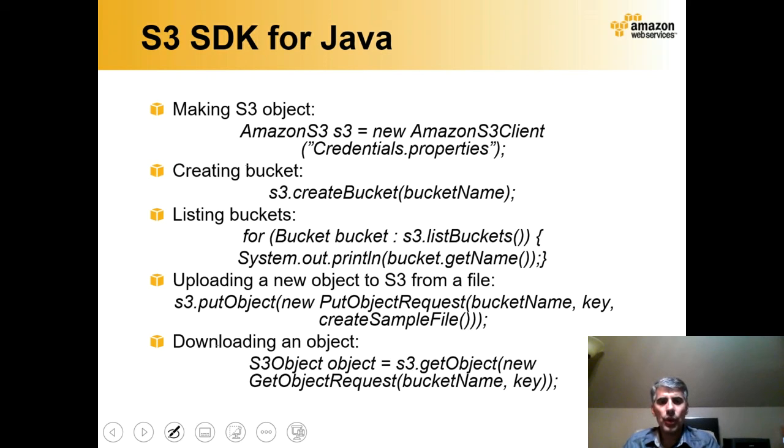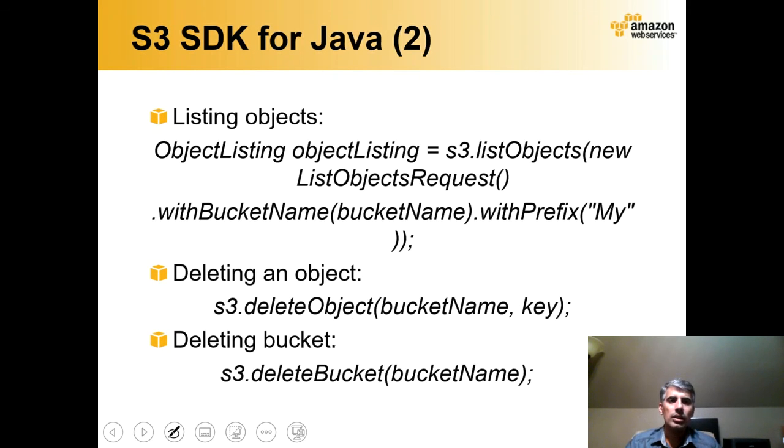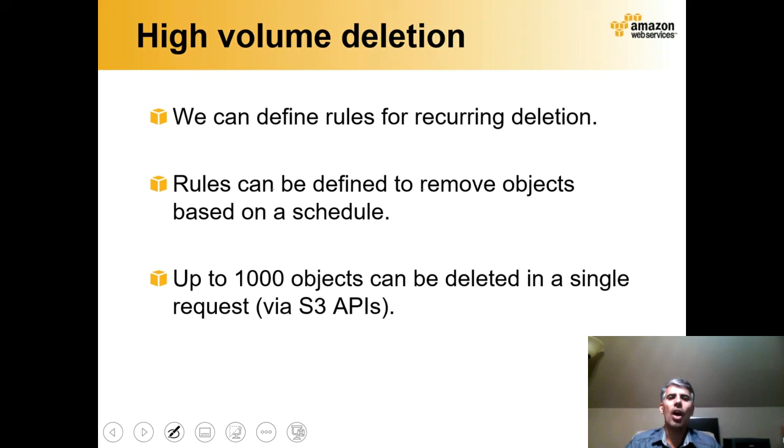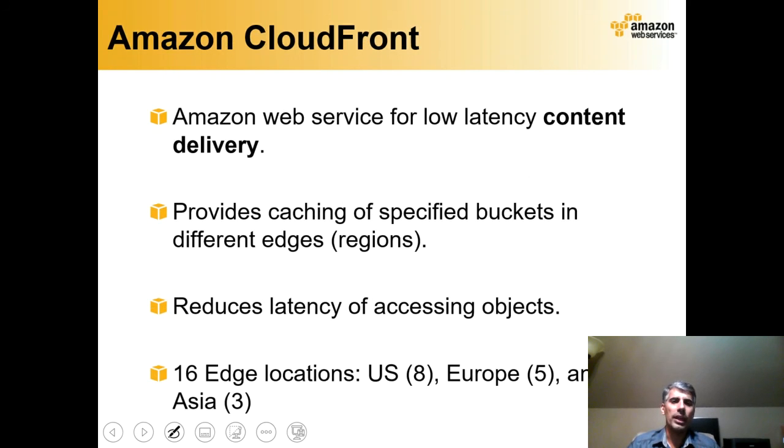For example, here you create a new Amazon S3 object, and then for that object you programmatically create a bucket, and then within that bucket you can do whatever you want programmatically, and things of this nature. You can define high volume deletion on your S3 to delete a huge amount of files at the same time. So it's very flexible, and you can script it to be done in a methodical way.